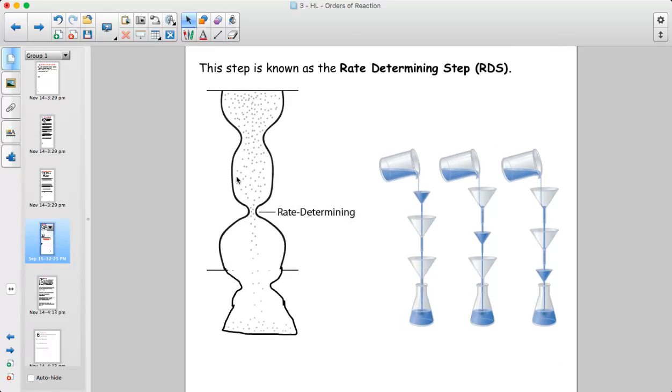So a couple of little pictorial analogies for this. If you think of this hourglass, and if you think of each little bottleneck here as one step of a reaction of getting the sand from point A down here to point B. So I've got 3 bottlenecks. The only one that really matters is this one, right?